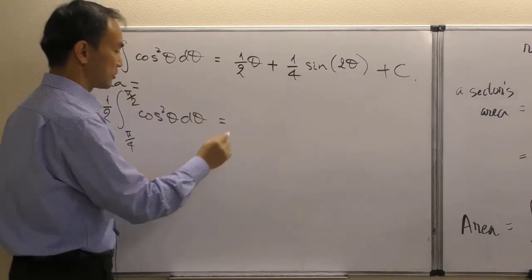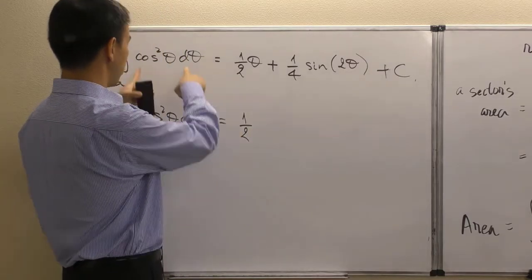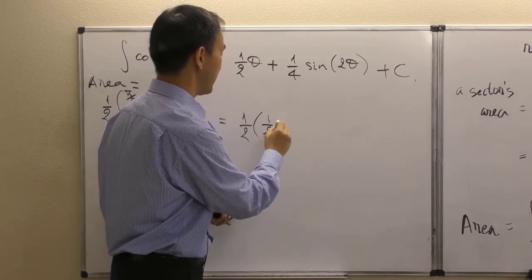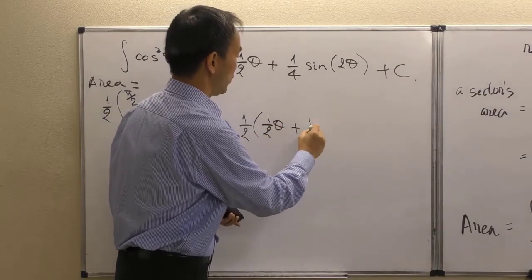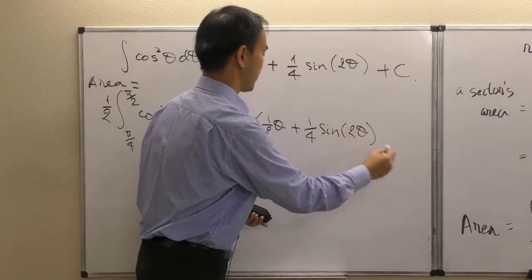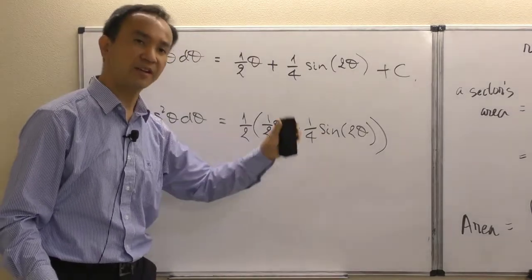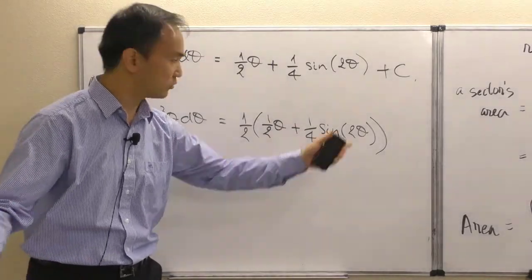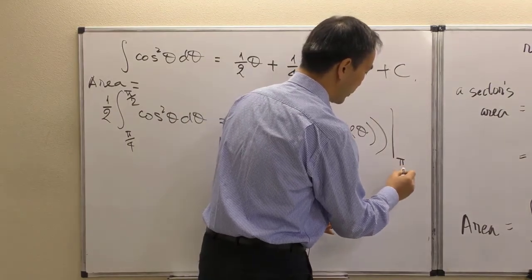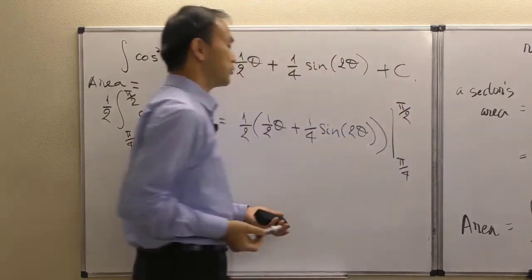That is now 1/2 times the antiderivative of cosine squared: so it's 1/2 times, another 1/2 theta plus 1/4 sine of 2 theta. When we're using the antiderivative in the fundamental theorem of calculus, we don't need to write the plus c. Just another reminder. And here we are evaluating from pi over 4 to pi over 2.